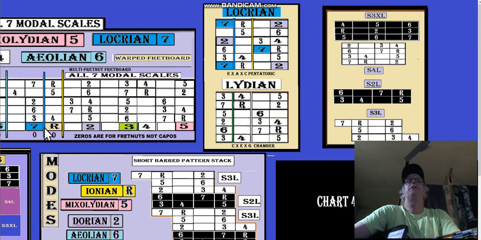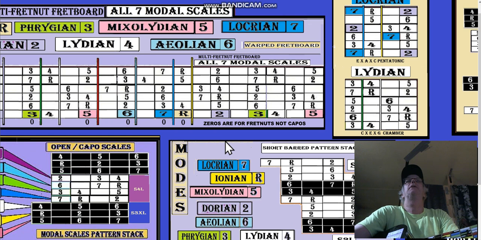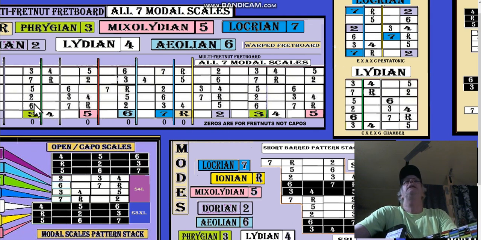These are the starting letters. So Locrian would start on 7. And Locrian encapsulates the Ionian, whereas the Lydian is encapsulated by the Phrygian. The Phrygian's a long one.